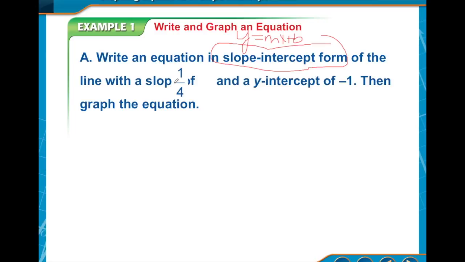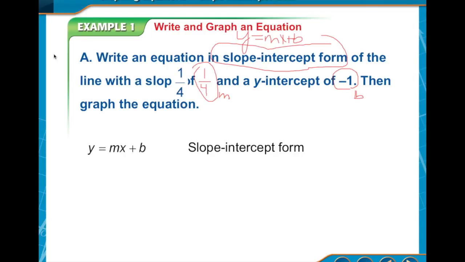Now we're given a line with a slope of 1/4. Let's rewrite that in the correct position. And a y-intercept of -1. So slope is my m, y-intercept, this is my b. Now it tells me graph the equation. So we have m and b, we just found those. They're given.